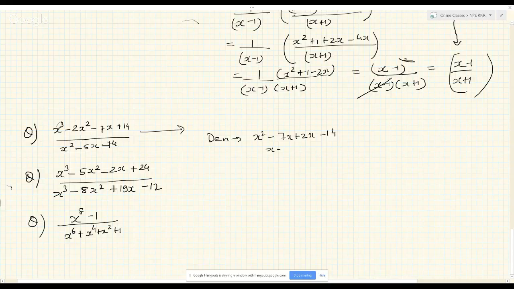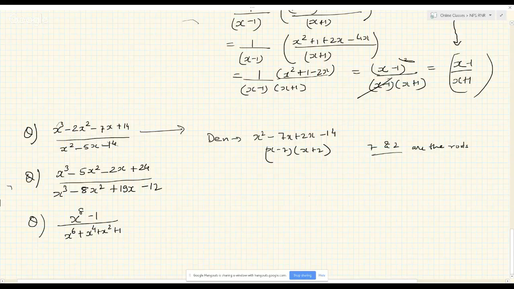So this is nothing but x minus 7 and x plus 2. So that means 7 and 2 are the roots. So check if 7 and 2 are also the roots of the numerator.